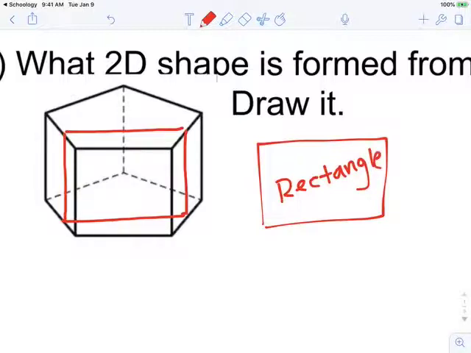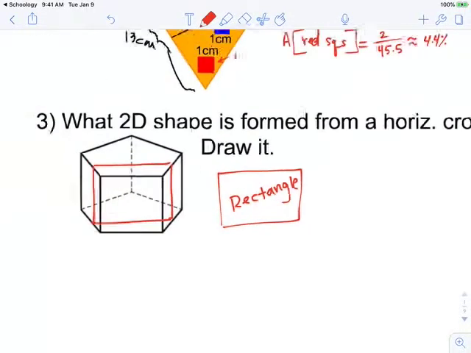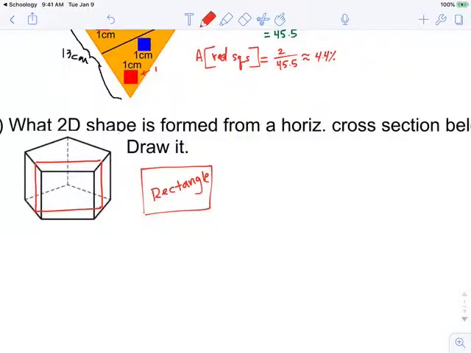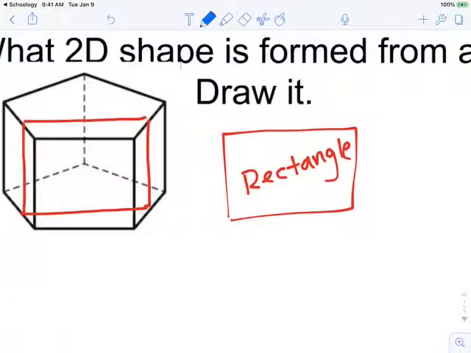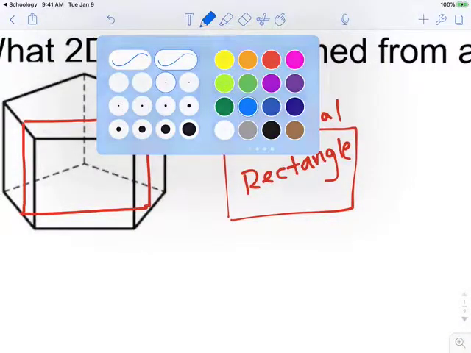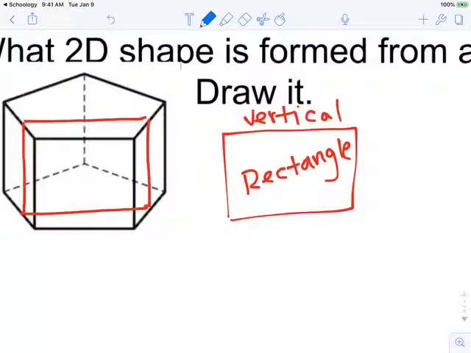Great, but that says horizontal. It does say horizontal. Okay, wonderful. Well, let's see. If I cut horizontally, so this was vertical. Thanks for catching that. I can tell somebody was paying attention there. This was vertical. Horizontal. So take a look.